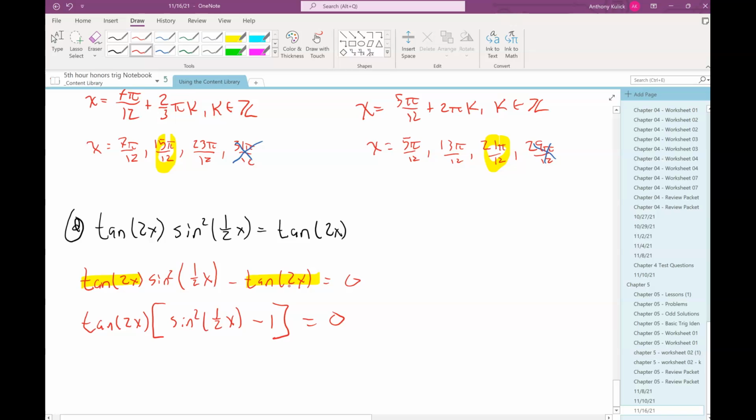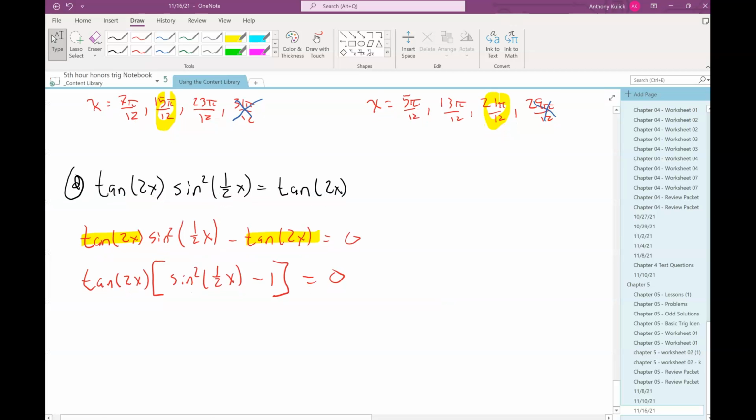Which has now separated the tangents and the sines basically into two separate problems, right? So I'm going to go and apply the zero product property now. Which is way better, right?